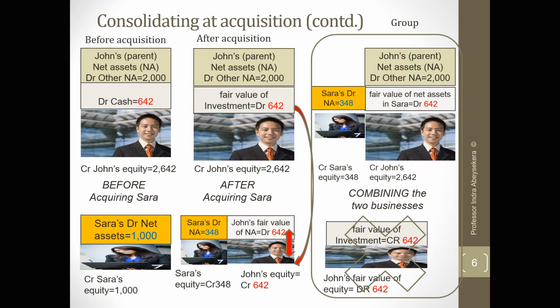In the first column, Sarah had equity of 1,000, and now in the second column, after acquiring Sarah, John now is the owner of $642 of equity in Sarah's company, but Sarah still owns $348 of equity in Sarah's company.